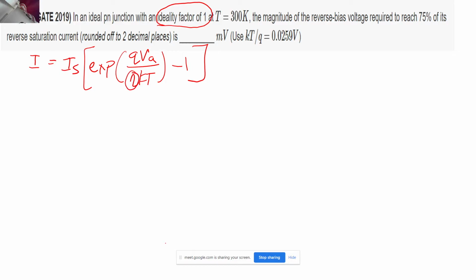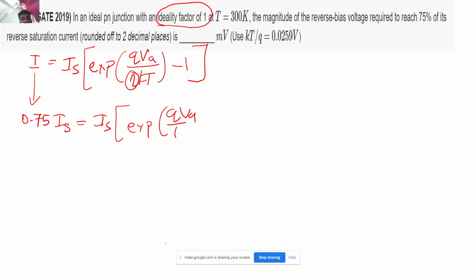So the magnitude of the reverse voltage required to reach 75% of its saturation current. So they are asking what voltage should I apply across the diode so that this I becomes 0.75 of Is, correct. So this is what I have to solve: exponential of qVA by kT minus 1, and this I over Is is 0.75, plus 1.